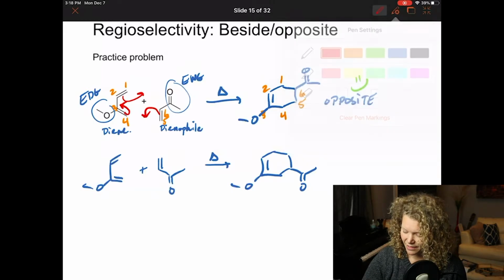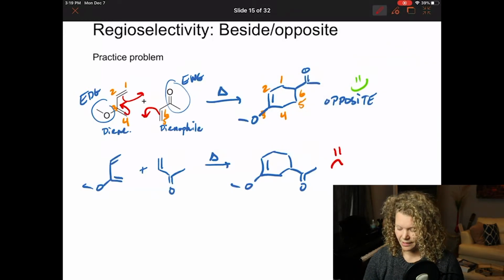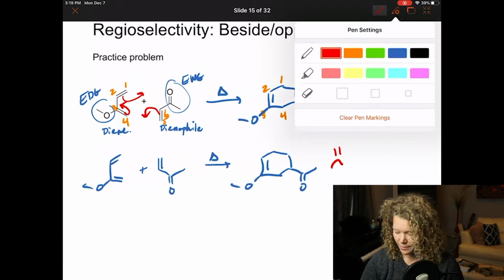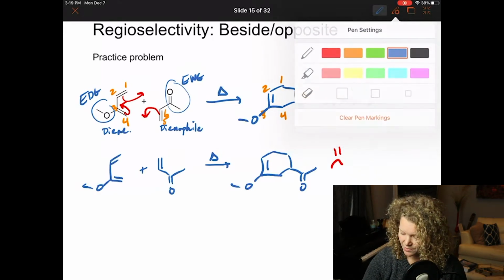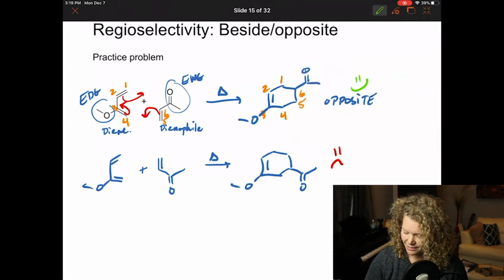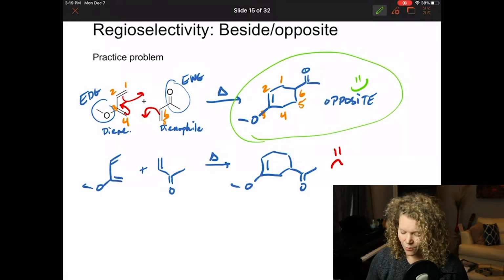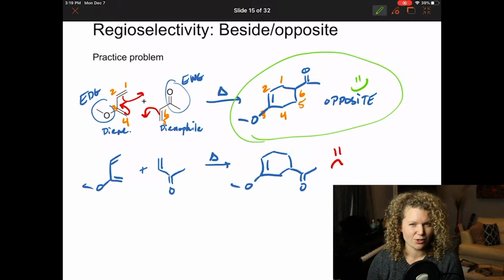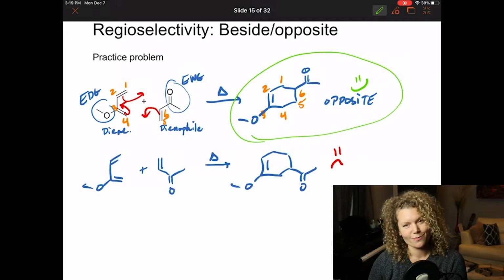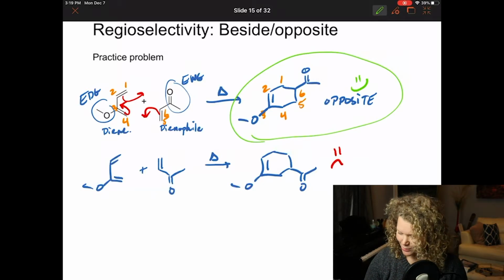This is disfavored. Okay, this is a disfavored formation of the product. So this is actually going to be our desired product here. Okay. What I want to do now is go over some of the electronics as to why this happens the way it does. You could also just remember this rule, and this will get you through.